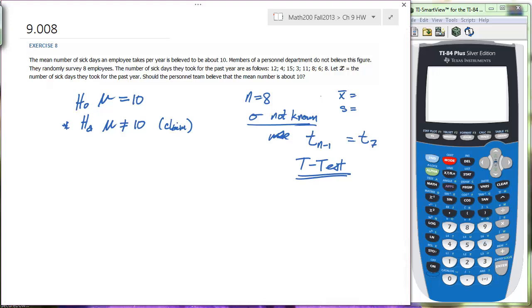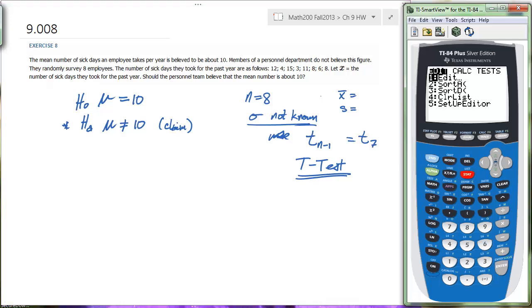Okay, so let's take a look at the t-test. We're going to go to our calculators and hit stats and test. Before we do that, in this case we're given the data, so we're going to input the data in our list. We'll put it in L1. I already did that, and so let's go through the test.